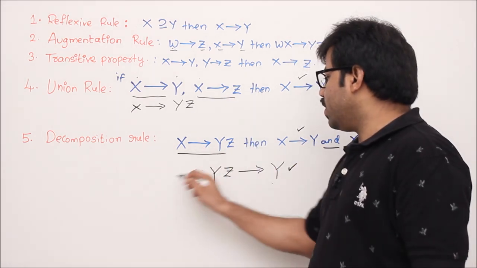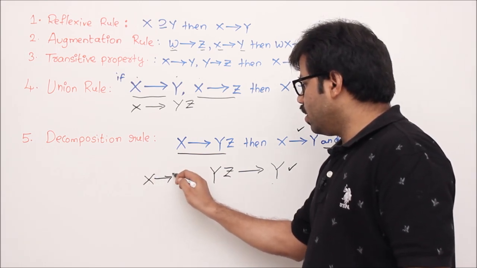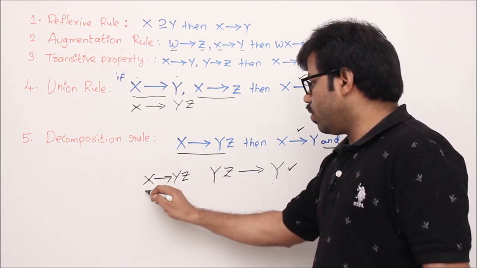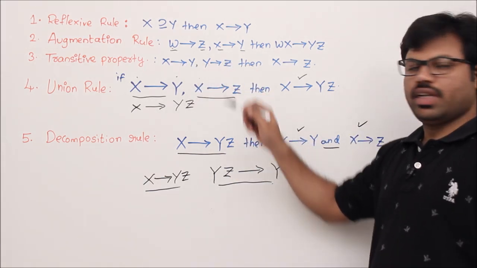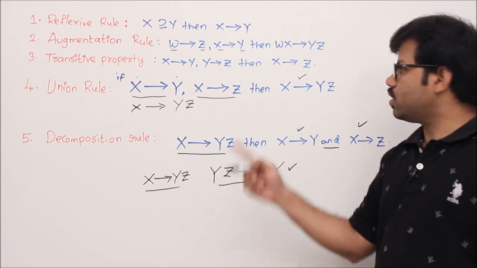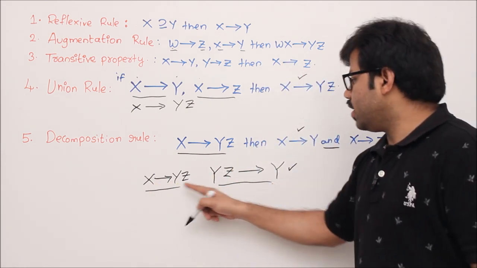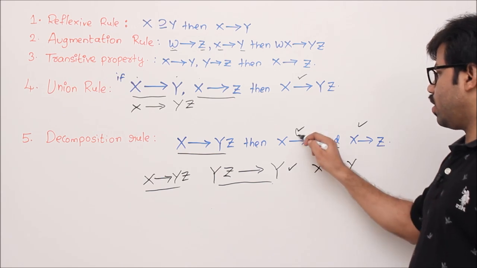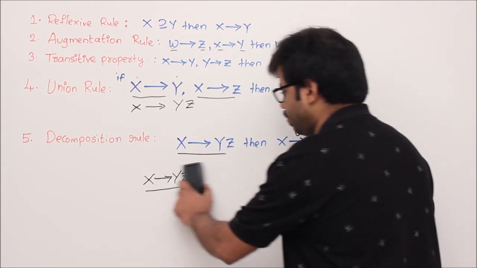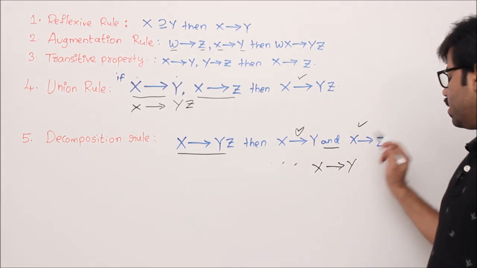In the problem, it is given that X determines YZ. So if I combine these two, X determines YZ, YZ determines Y. According to the transitive property, X to Y, Y to Z, then X to Z. If X to YZ and YZ to Y, then automatically X to Y. In that way, we can prove this one. Now let's take the second one. X determines Z is my target.